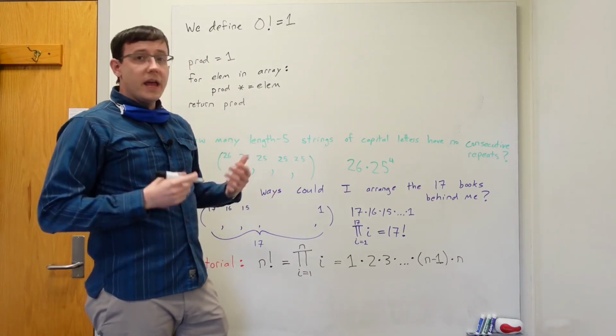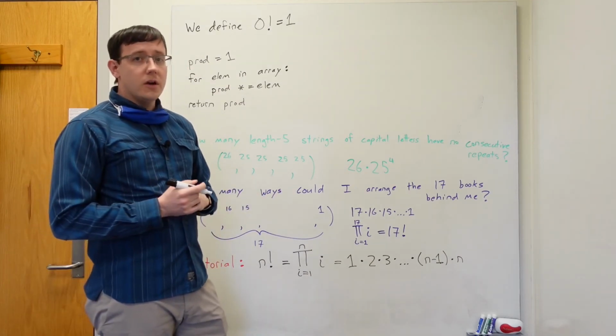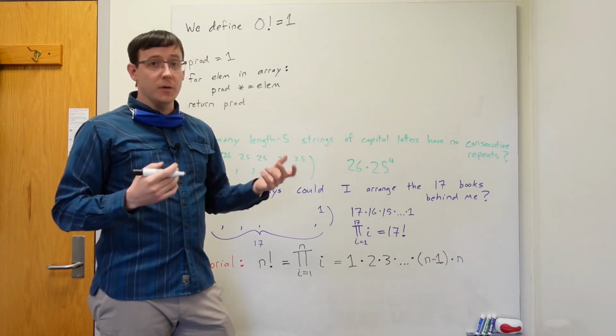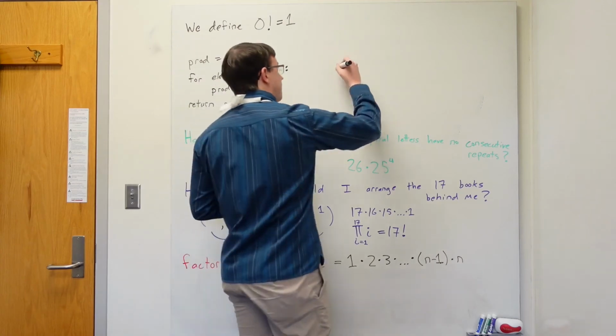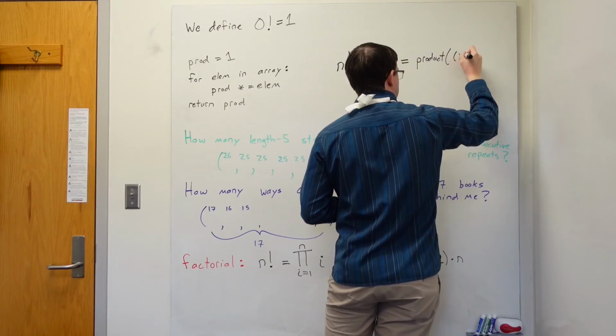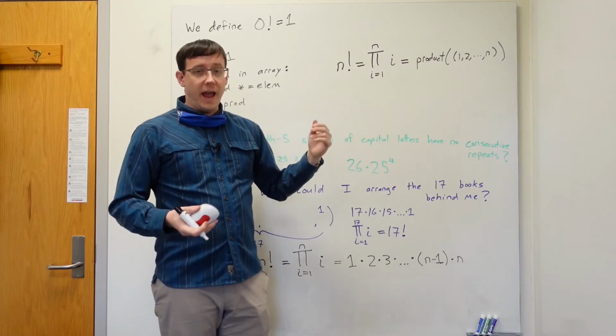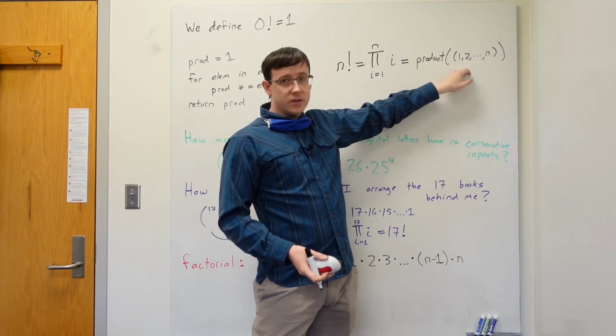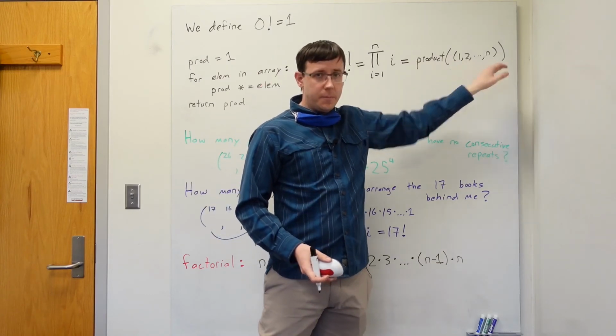And we can think of n factorial as calling a product function on a list with the elements 1 to n. So we can think of n factorial as a product on the list of 1 through n.